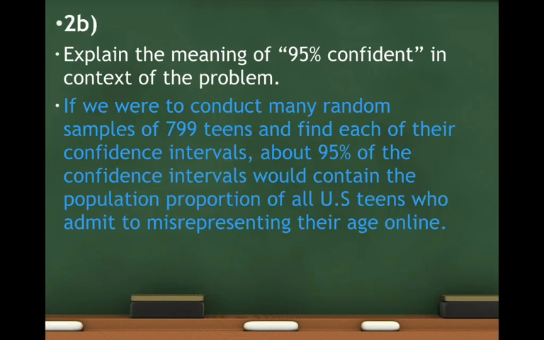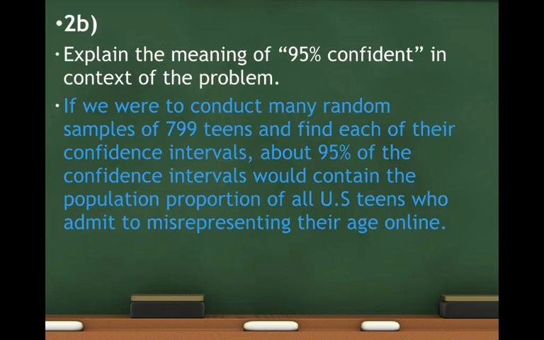What does this 95% actually mean? If we were to conduct many random samples of 799 teens and find the confidence interval for each of them, let's say we did 100 samples of 799 teens, and for all 100 samples we found a 95% confidence interval.